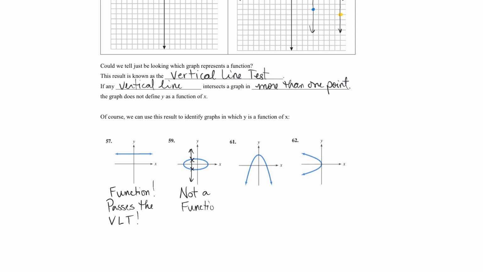This one is not a function because it fails the vertical line test. Now, the next example does represent y as a function of x because it passes the vertical line test, right? And finally, this last example does not represent y as a function of x because it fails the vertical line test.